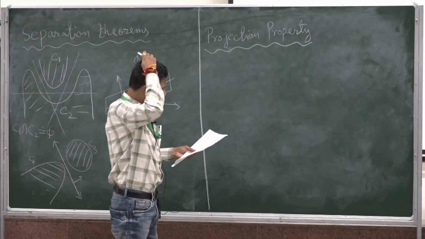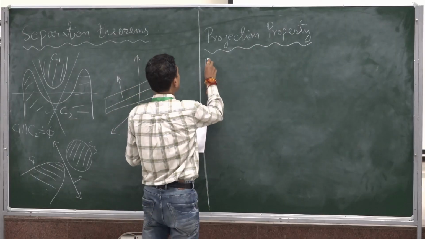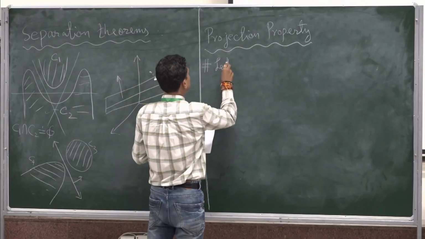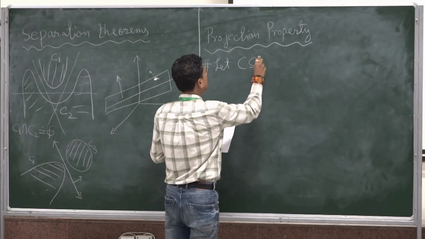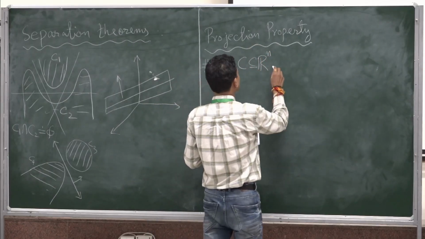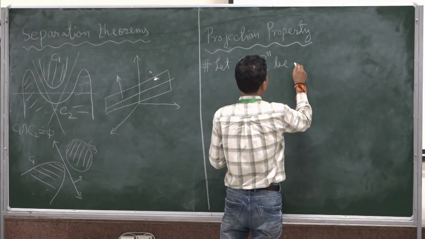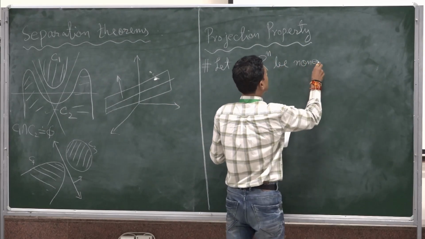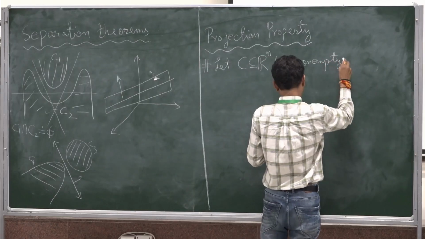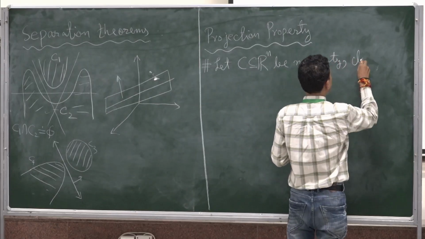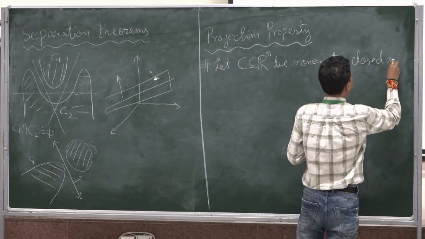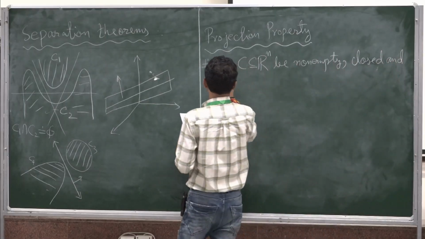So what is this projection property? Let C be a subset of Rn, and we assume this set is non-empty, closed and convex.